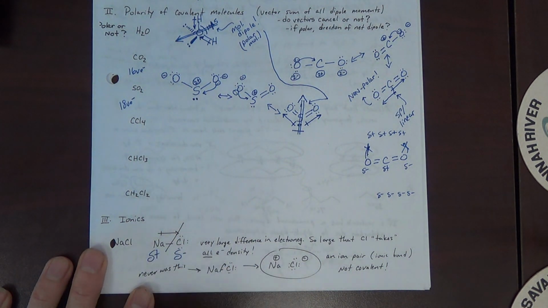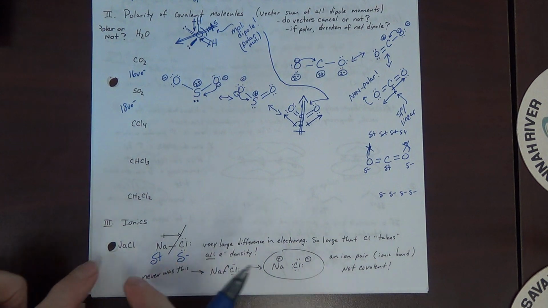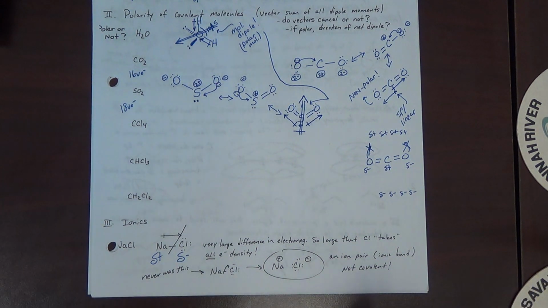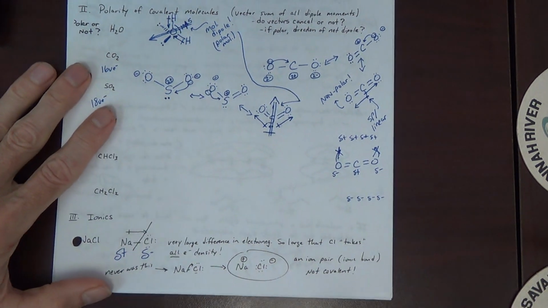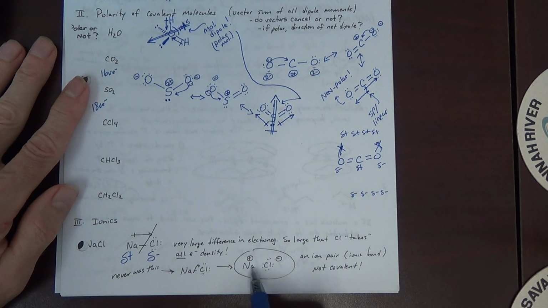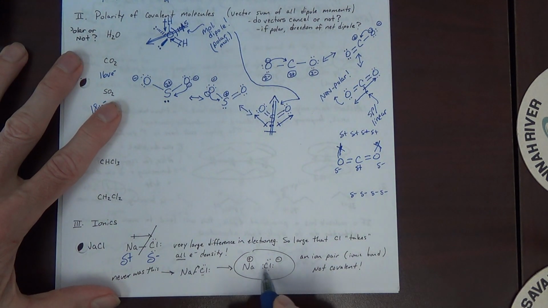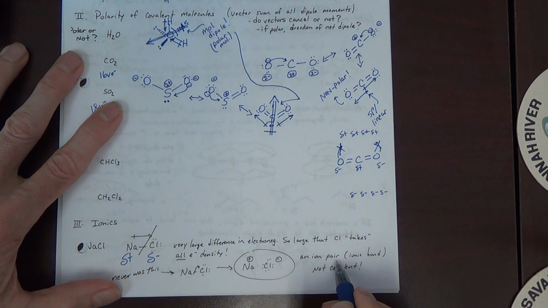Just pulls them away. And so when these two atoms bond together, the chlorine is so greedy, it just rips the electron away from the sodium, and it's no longer covalent. It's actually a pair of ions, an ion pair. And we call this an ionic bond.